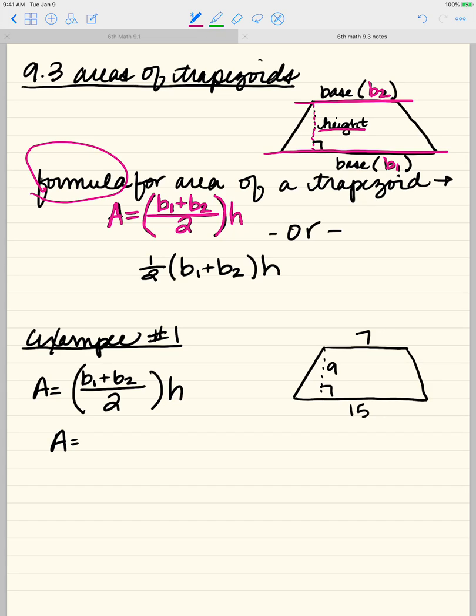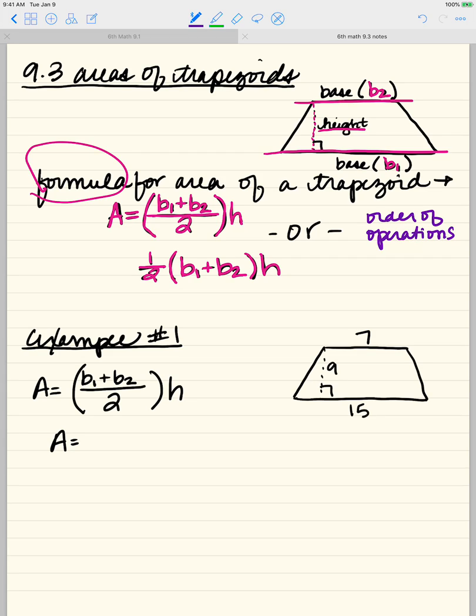Which means the same as 1/2 times base 1 plus base 2 times H. Super, super important with this formula that you pay close attention to your order of operations.